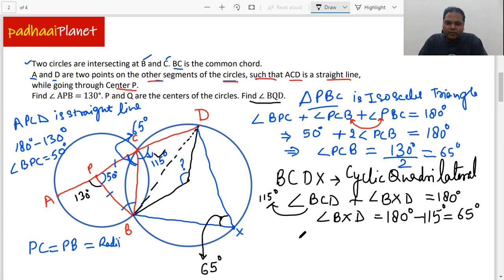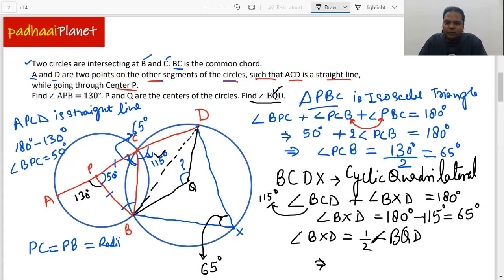So with the help of the chords theorem, we write that the angle BXD will be half of angle BQD. I'm so sorry, we are marking it now. So that's angle BQD, and we need to find out angle BQD here.